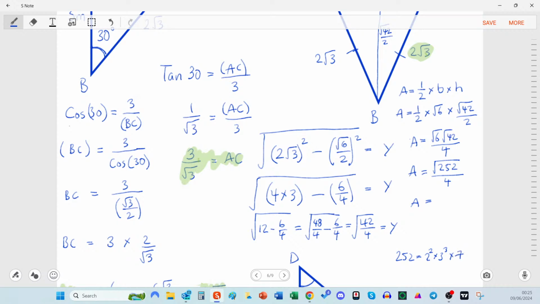I think that works. 108 times... No, this doesn't work at all. 2, 5, 2.